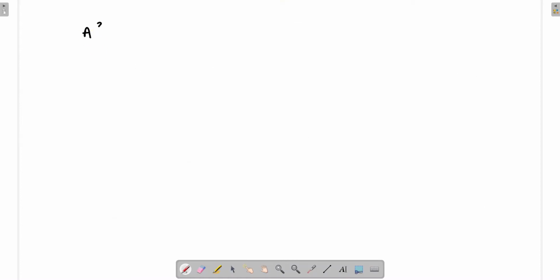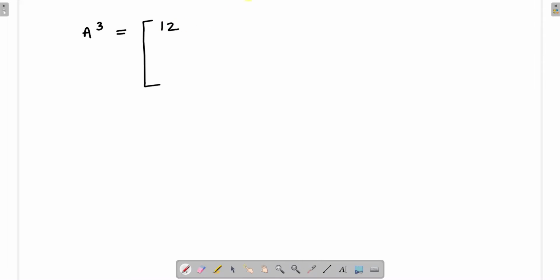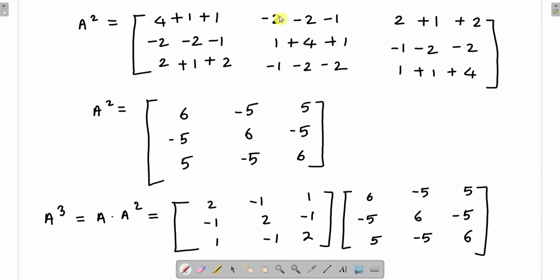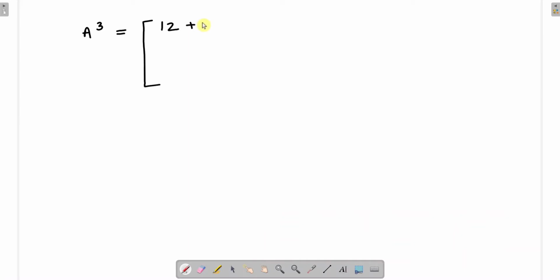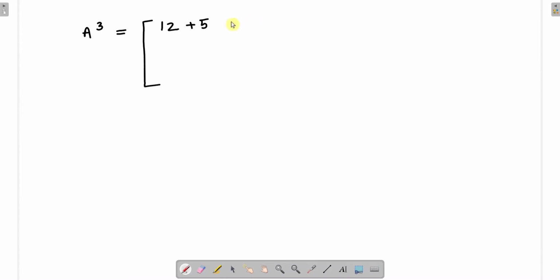So A cube will be equal to what? First row multiplied by the first column, so 2 times 6 is 12, then minus 1 times minus 5 is plus 5, then 1 multiplied by 5 will be plus 5.